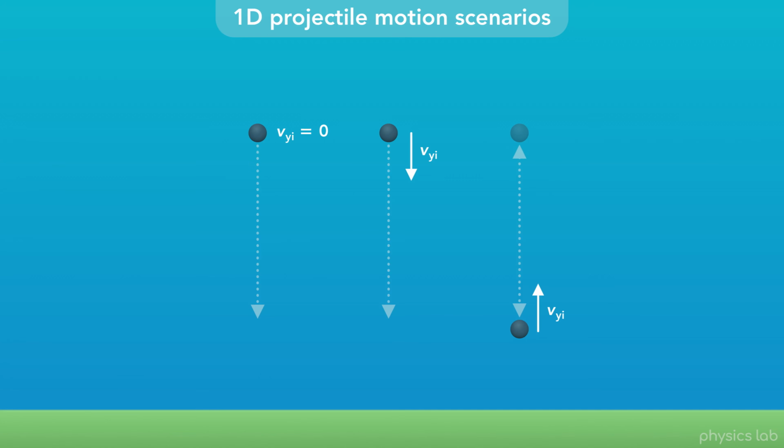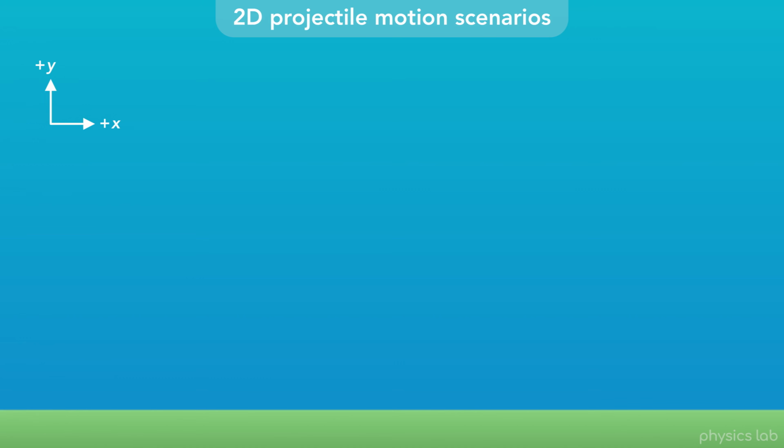In 1D projectile motion, there's only 3 initial conditions. In 2D projectile motion, we have some new scenarios. Let's say up is the positive y direction and right is the positive x direction. If the initial angle is above the horizontal, the initial y velocity points upwards, so it's positive. The final height could be the same as the initial height, like if it starts and ends at the ground.